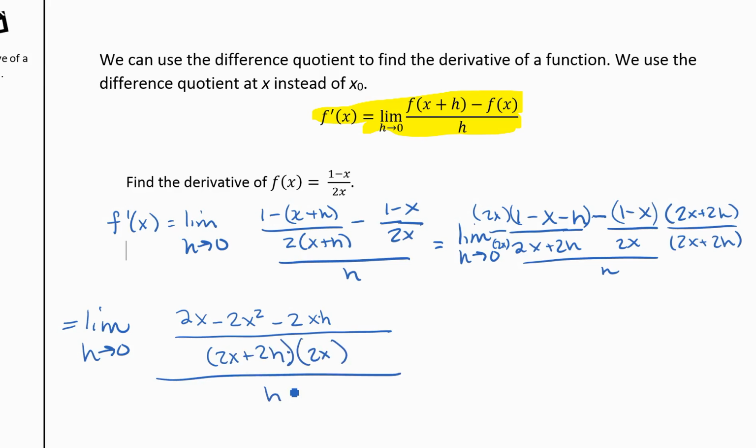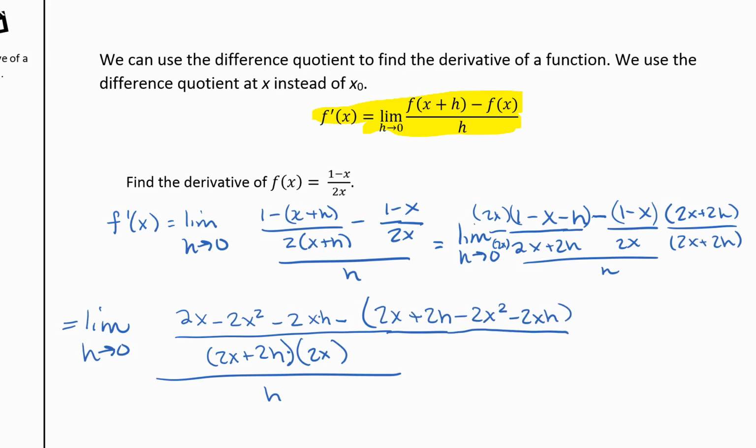That's all over h. Okay, now I need to FOIL the second one, and it's going to be subtracted. So when we FOIL, we're going to get 2x plus 2h minus 2x squared minus 2xh.